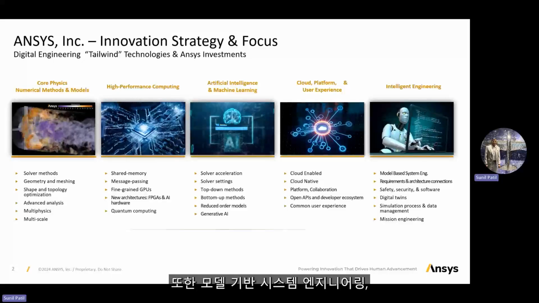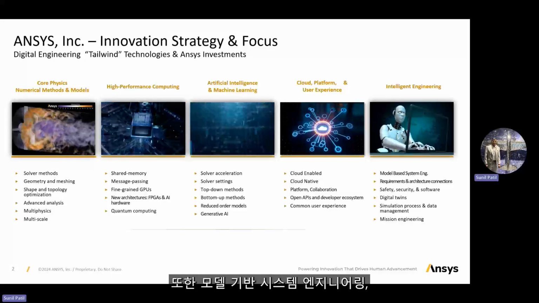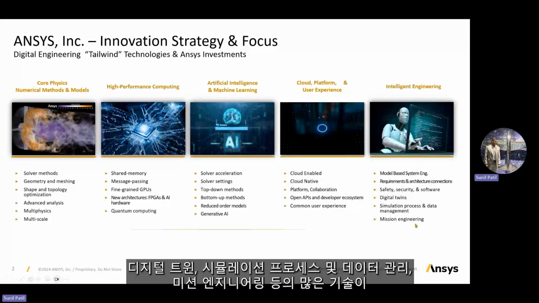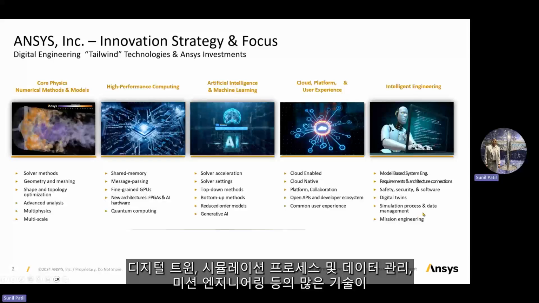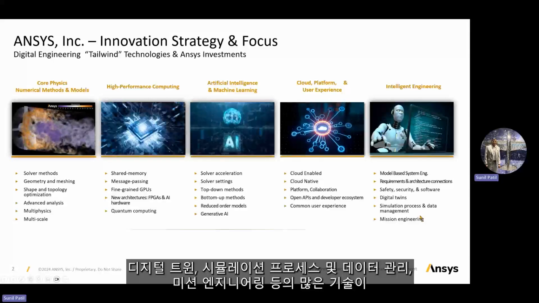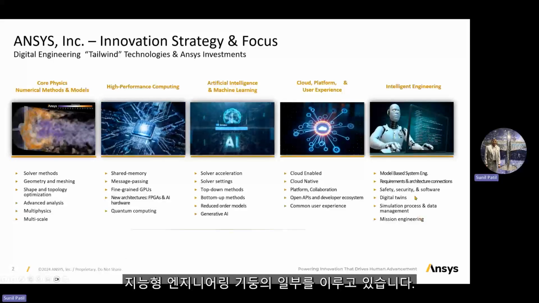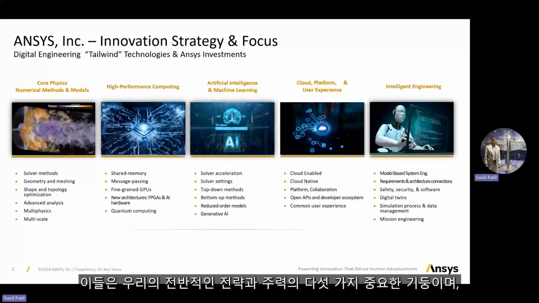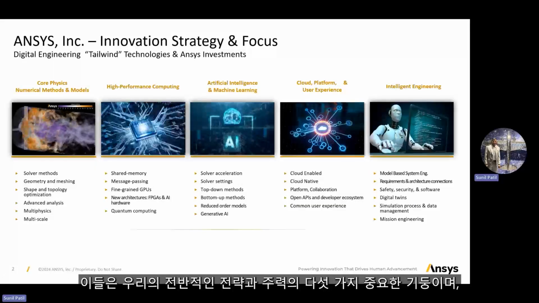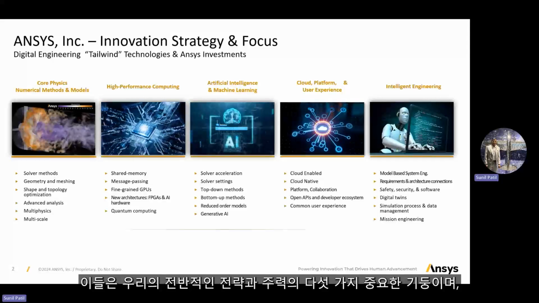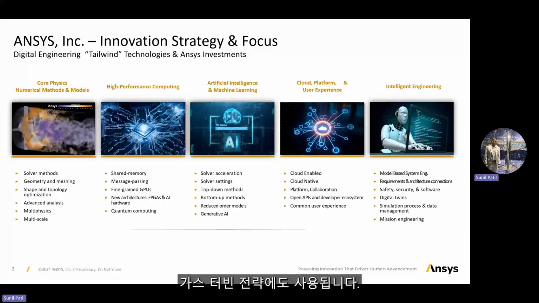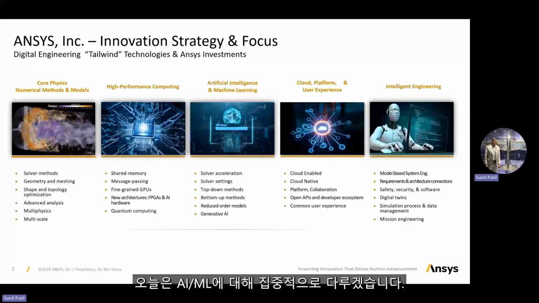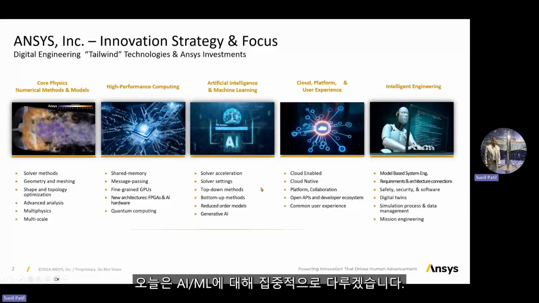And a lot of technologies such as model-based systems engineering, digital twins, simulation process and data management, machine engineering, which become part of our intelligent engineering pillar. So, these are the five important pillars of our overall strategy and focus, which we also use for our gas turbine strategy. And today, I'm going to focus on AI ML.